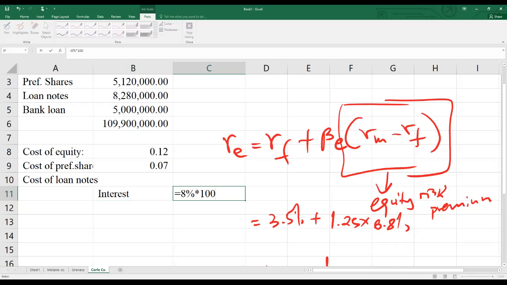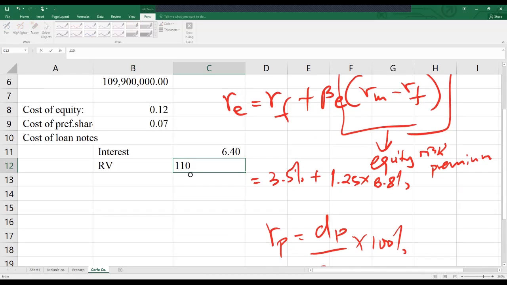Do you pay tax? Yes, 20%. Therefore, the net expense of the company is 8% times 0.8, because it is 100 minus the tax of 20%, which is 6.4. What else? Redemption value is 110 because it's a 10% premium on the market value. Market value 103.5. I think we have all we need to get the cost of this bond.